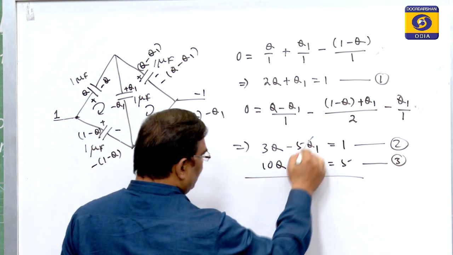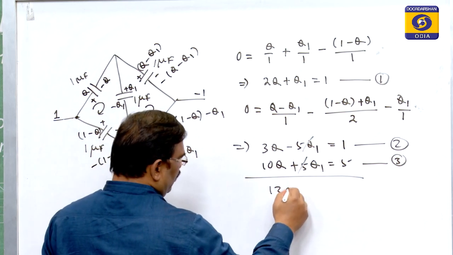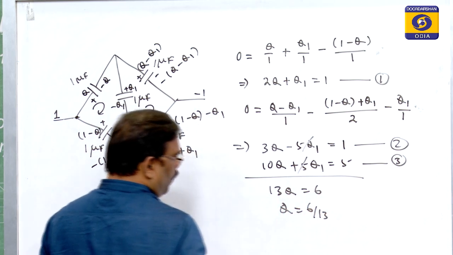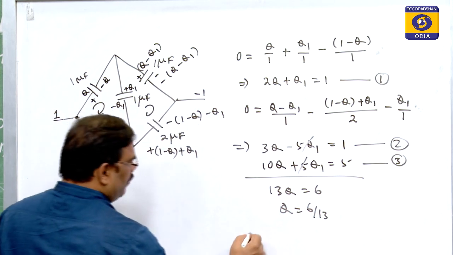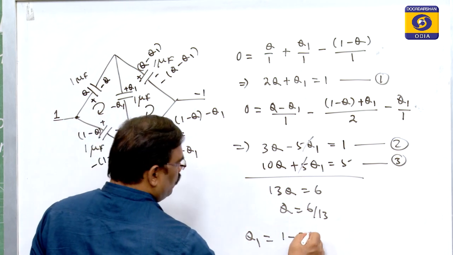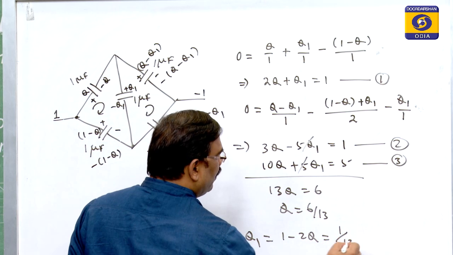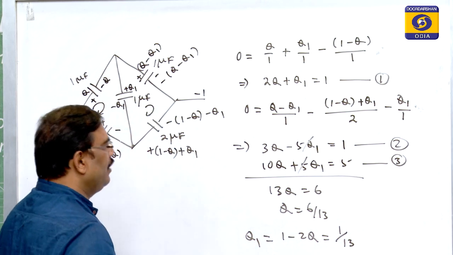So, now solving this, you will get 13Q equal to 6. So, Q equal to 6 by 13, and similarly the value of Q1 is 1 minus 2Q, which is 1 by 13.